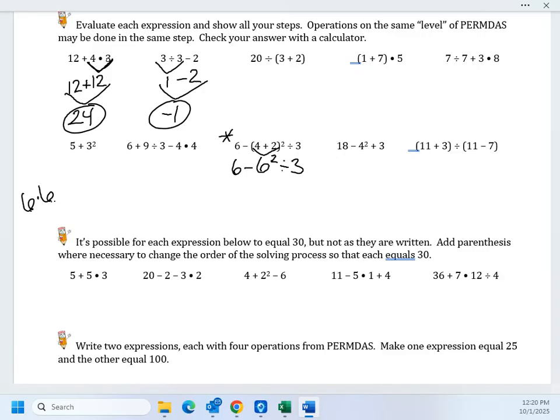If our exponent was a 3, 6 to the 3rd power, I would multiply that 6 3 times. It's not 6 times 2. It's not 6 times 3, if it's 6 cubed. It's that base number times itself. Our exponent tells us how many times we're going to multiply it out. So be very careful. 6 squared is 6 times 6, which is 36.